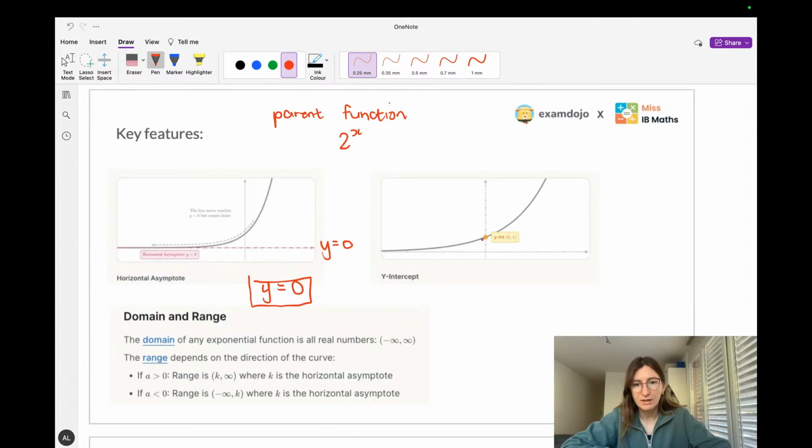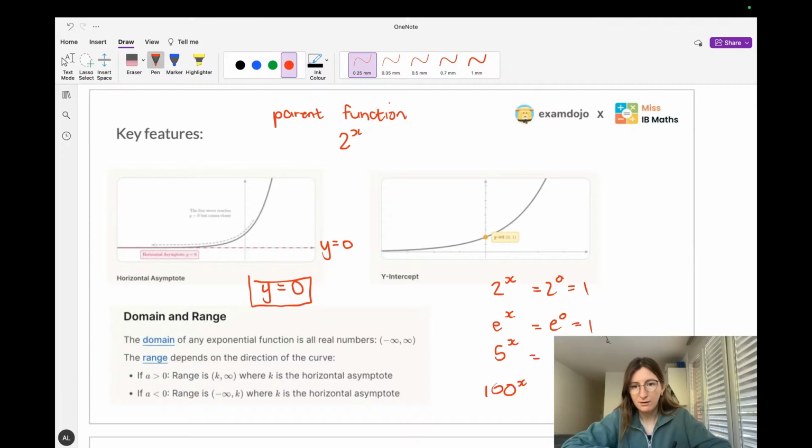Another key feature is the y-intercept of 1, because if you think about all functions, 2 to the power of x, e to the power of x, 5 to the power of x, 100 to the power of x, any time that x is 0, they're all going to give 1, because anything to the power of 0 is 1.